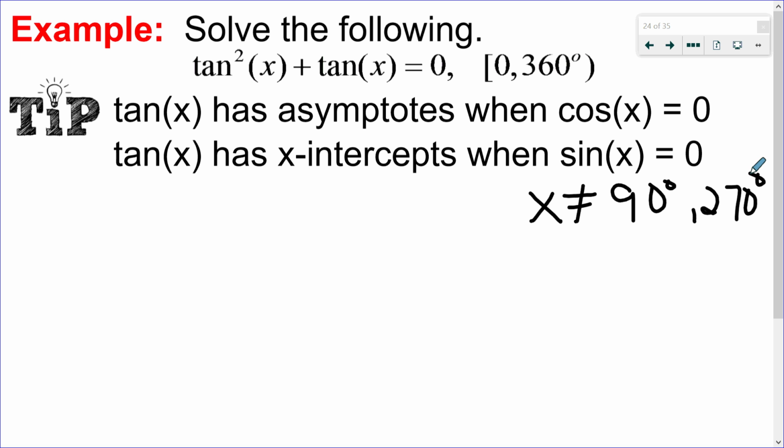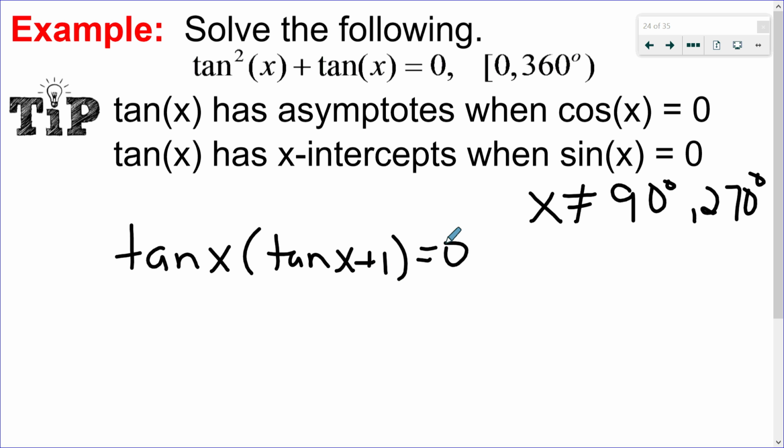Let's go ahead and solve this by factoring. GCF of tan, so take out my GCF. It factors as tan x times (tan x plus 1). You can always check just by distributing that back in. Now that it's factored, I know tan x equals 0 or tan x plus 1 equals 0.